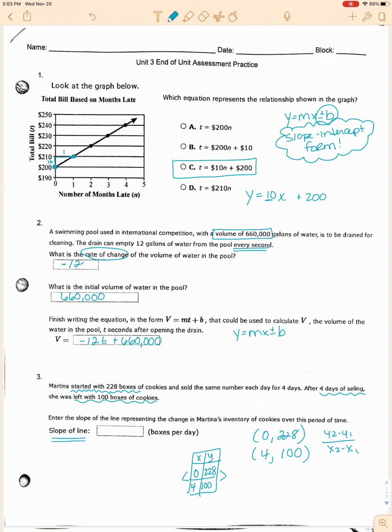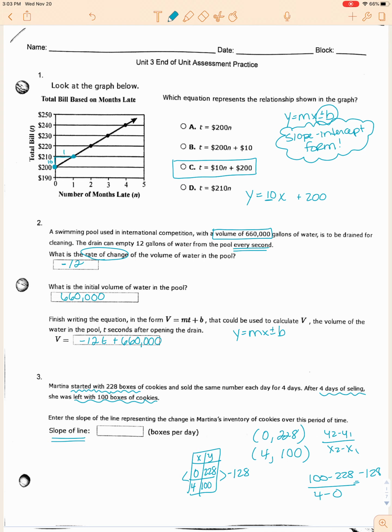So the difference between 228 to 100 is a negative 128. You get the same thing if you were to use the slope formula over here, because I would have 100 minus 228 over 4 minus 0, and I still get a negative 128.